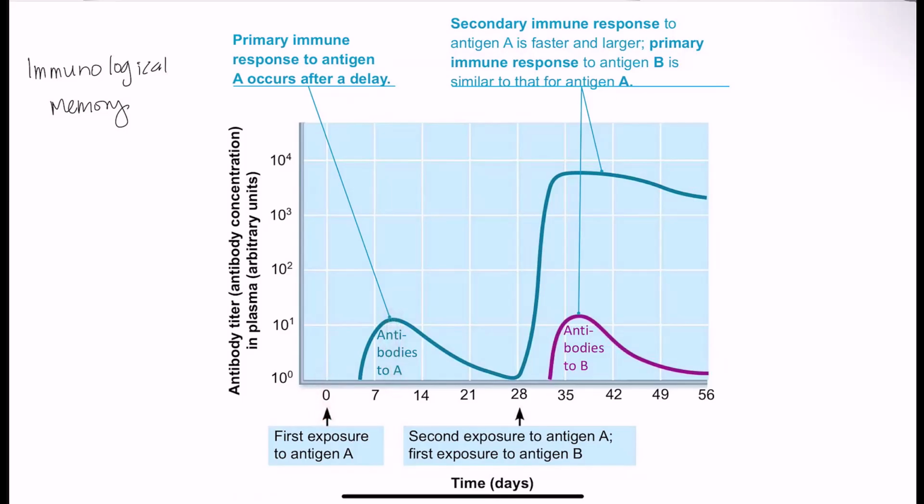But by the second exposure to antigen A, look at how fast and how much that response is. From exposure to maximum antibodies, that's a big difference. That secondary immune response is a lot bigger, and it's also sustained for longer. This is because the body is ready with those memory cells.